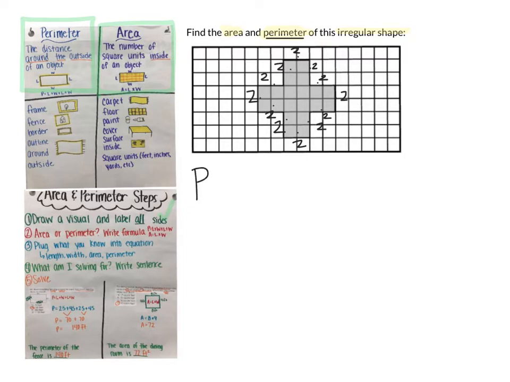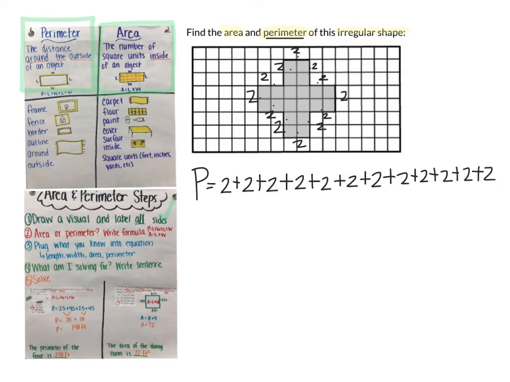So perimeter equals 2 plus 2 plus 2 plus 2 plus 2 plus 2 plus 2 plus 2 plus 2 plus 2 plus 2 plus 2. Okay, so we've got all 12 sides.